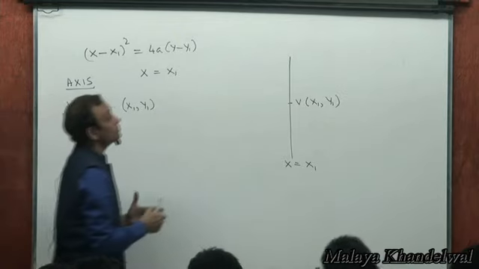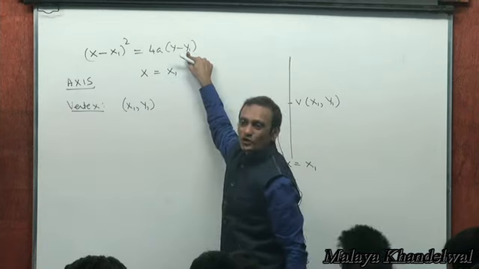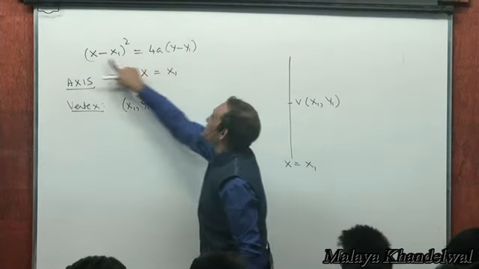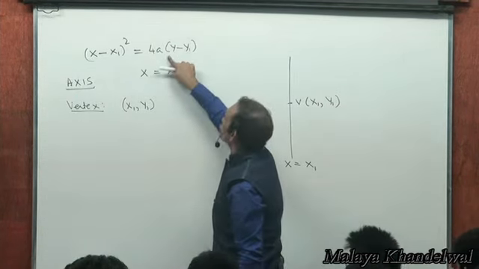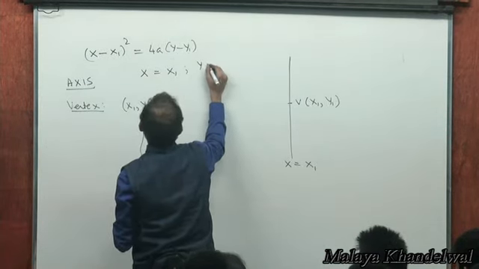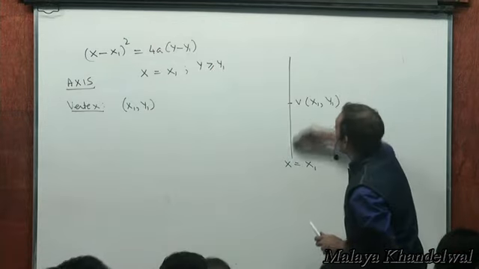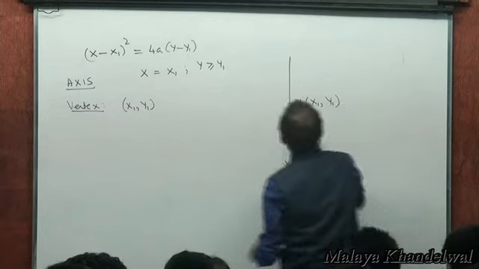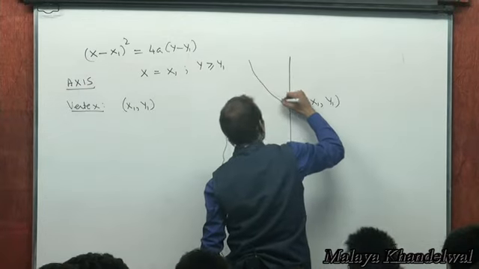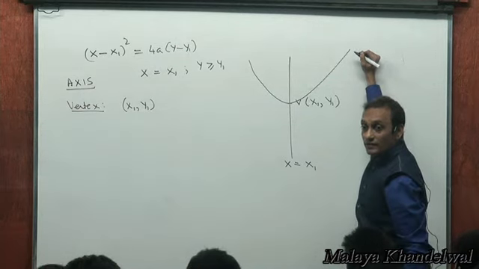Now y has to be greater than or equal to y1. Because this is non-negative, this has to be non-negative. So, y would have to be greater than or equal to y1 for all points on the parabola. And if this is the axis of symmetry, the parabola would be disposed like this, right?